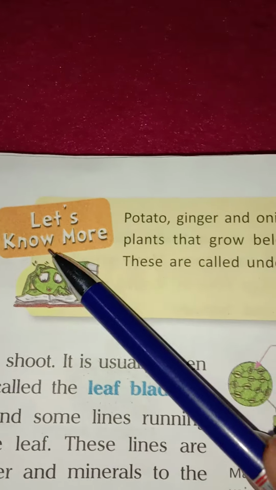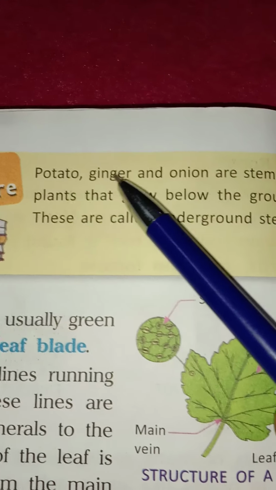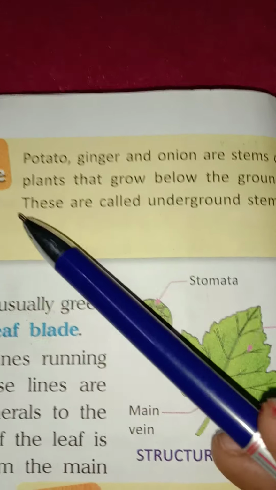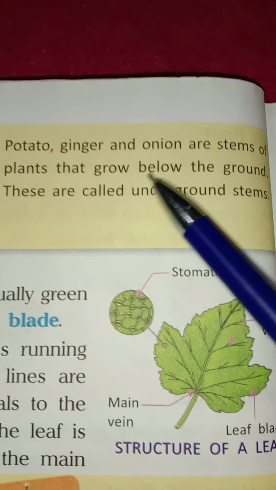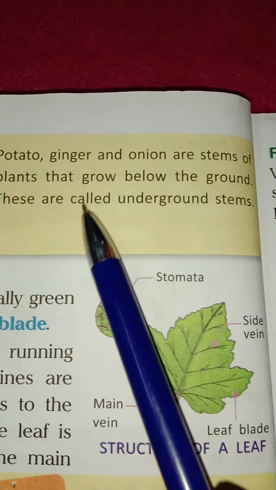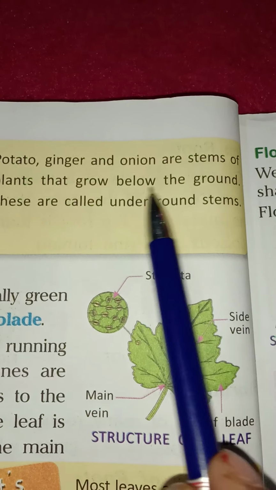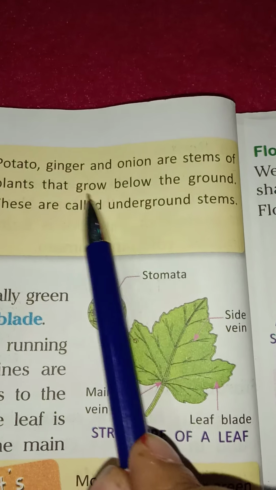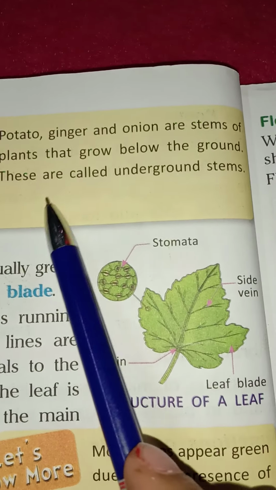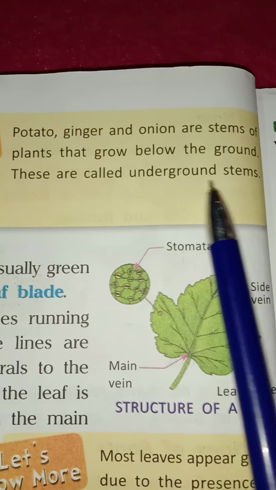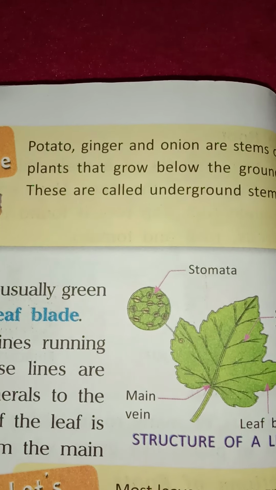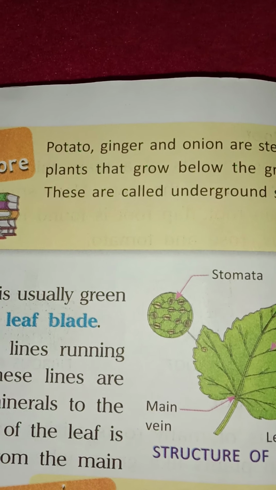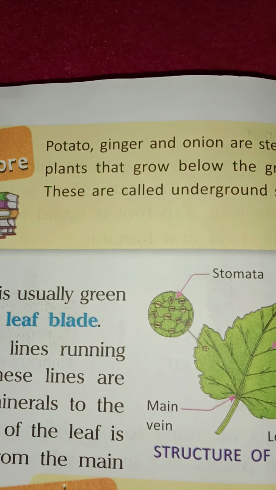Now let's know more. Potato, ginger and onion are stems of plants that grow below the ground. Now these are called underground stems. Student, stems present completely inside the soil are called underground stems.